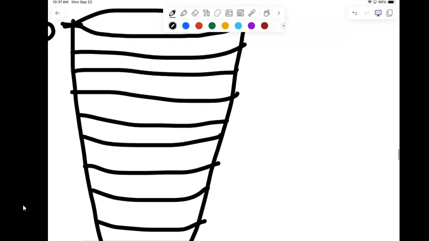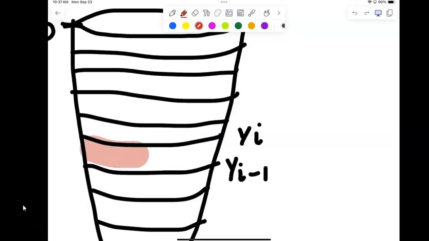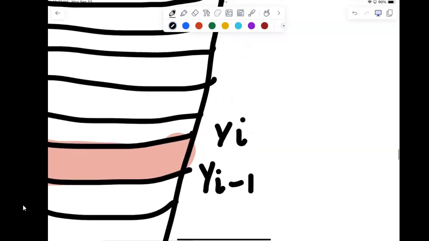Since this is vertical, I'll do it as y sub i minus 1 to y sub i. In this example I'm looking at this region here, and it's going to have a height of delta yi.